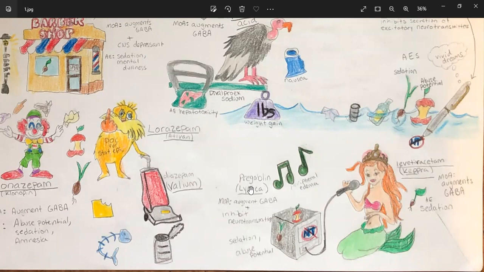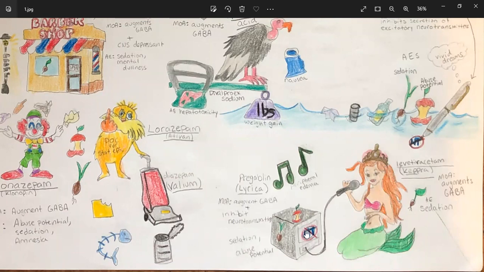And then we also have pregabalin or Lyrica. Our mermaid here is singing karaoke. So there's lyrics on the screen for Lyrica. This augments GABA and also inhibits neurotransmitters.